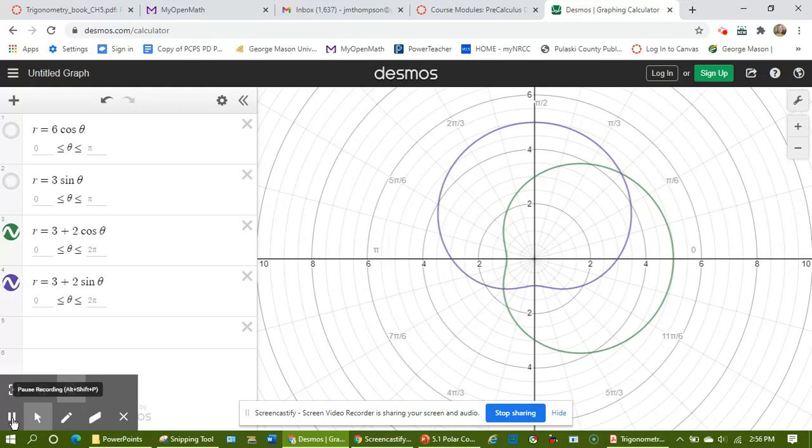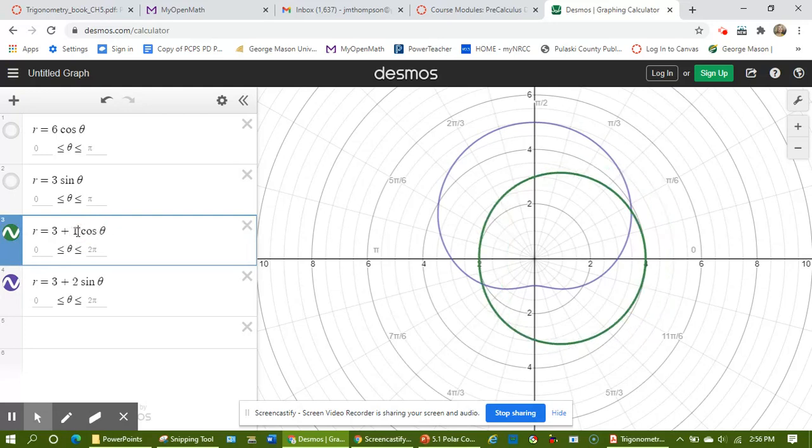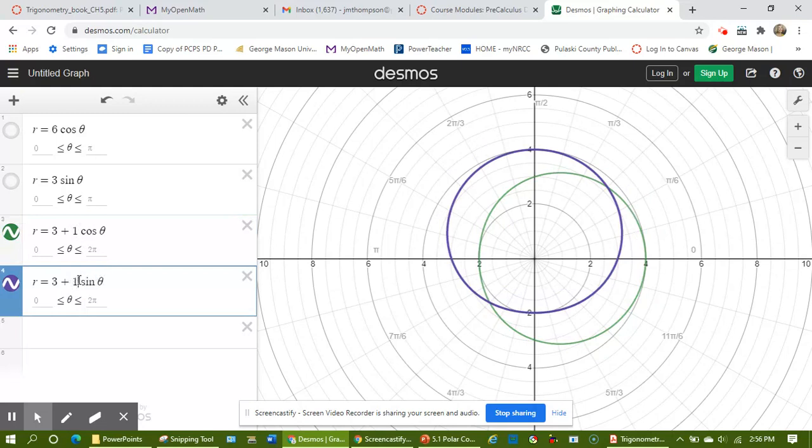All right, then one other possibility is that your a over b ratio could be greater than 2. So 3 over 1 is greater than 2, in which case you get what we call a convex limacon. When we have a convex limacon, it looks somewhat like a circle, but it's got one flattened side.